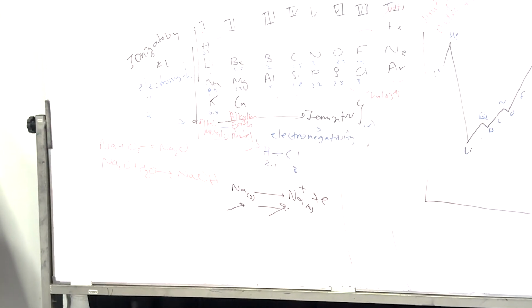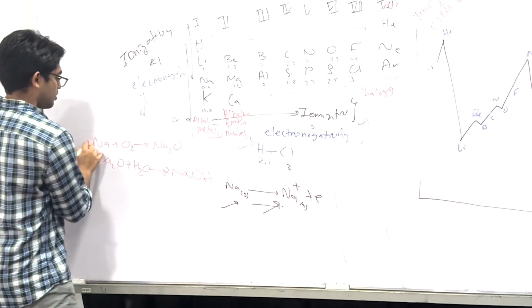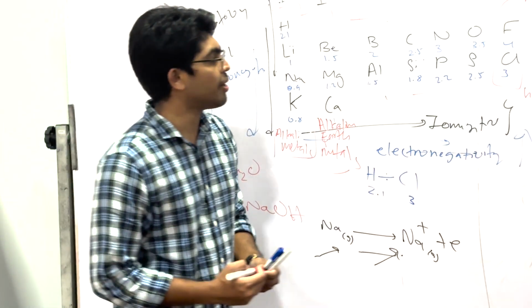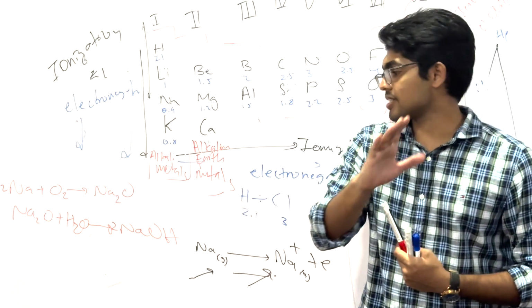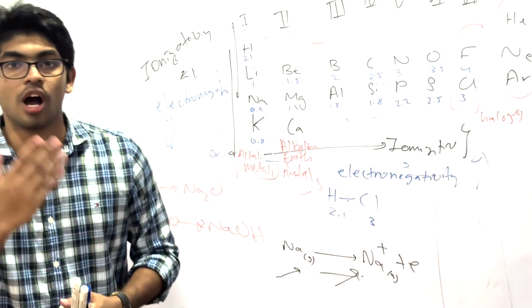Correct. So sodium hydroxide, we call this a base. What is a base? A base has the ability to release OH minus ions, the hydroxyl group, into the aqueous solution.